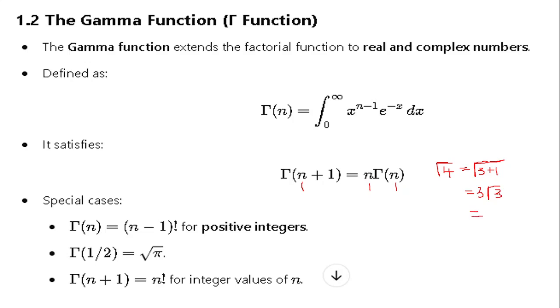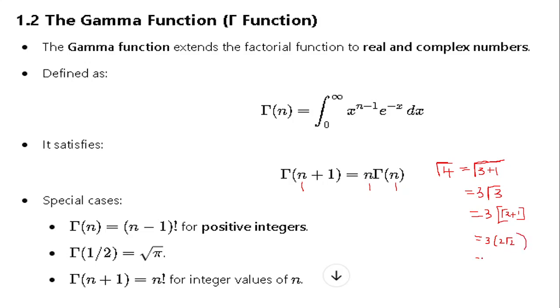When we have gamma of 3, it's just like saying 3 into gamma of 2 plus 1. Now, gamma of 2 plus 1 is just like saying 3 into 2 into gamma of 2, right?